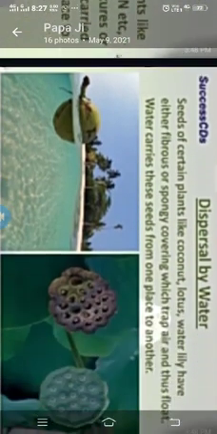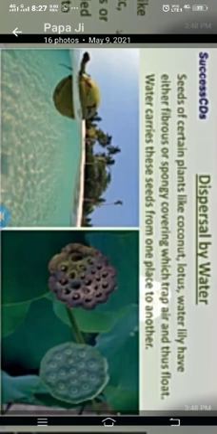Dispersal by water: seeds of certain plants like coconut, lotus, water lily have either a fibrous or spongy covering which traps air and thus floats. So water carries these seeds from one place to another.